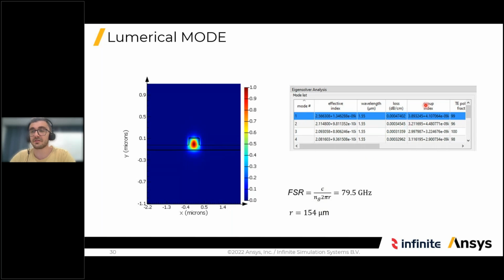We see the group index here, and it's a complex number, but the imaginary part is very small, so we are going to ignore this. We just take the real part, it's 3.89. We fill it into this formula, and with this we find out that the radius of the rings should be 154 micrometers. 154 micrometers is a very large radius, so we are going to assume that there are no bend losses in our design.